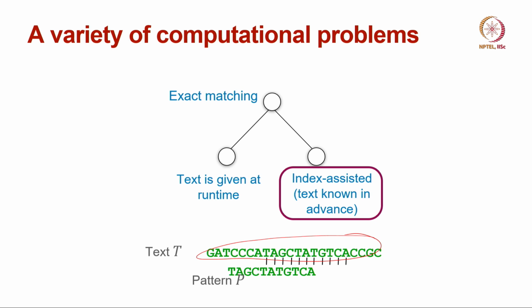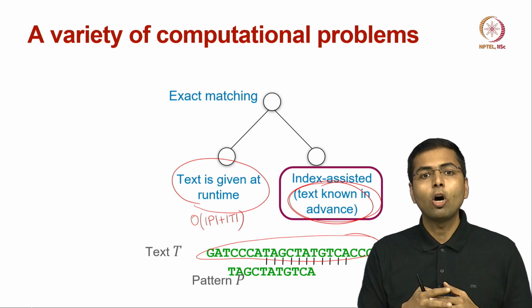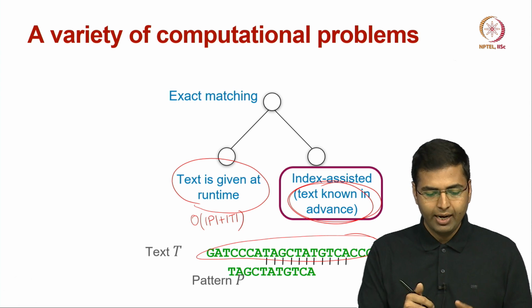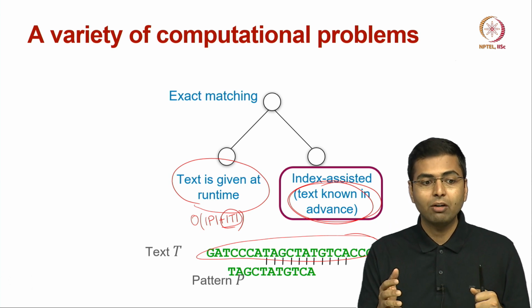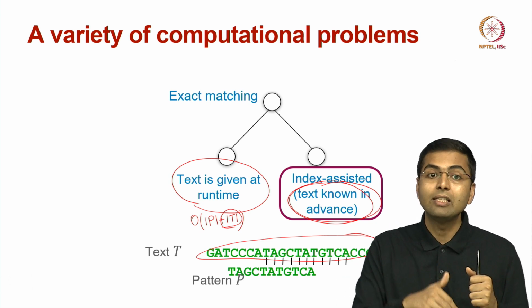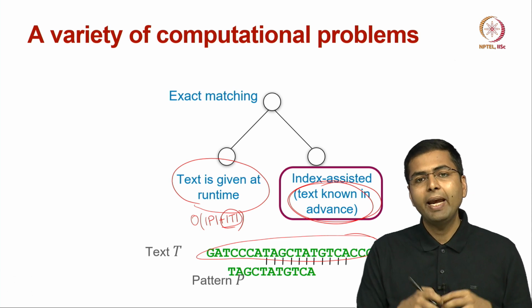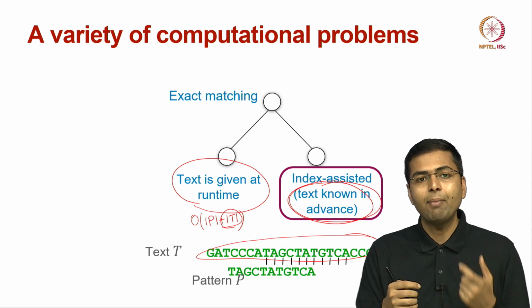Remember that in the Z algorithm and many other algorithms like KMP and Boyer-Moore, the exact pattern matching problem can be solved in linear time, that is order P plus T. When the text is known in advance, our goal will be to achieve a time complexity that is sublinear in terms of the text size, because normally the text size is going to be very big, and if we are envisioning that we are going to have a common text, but many pattern queries on that text, then it makes sense to build an index so that the pattern matching can be done more efficiently.